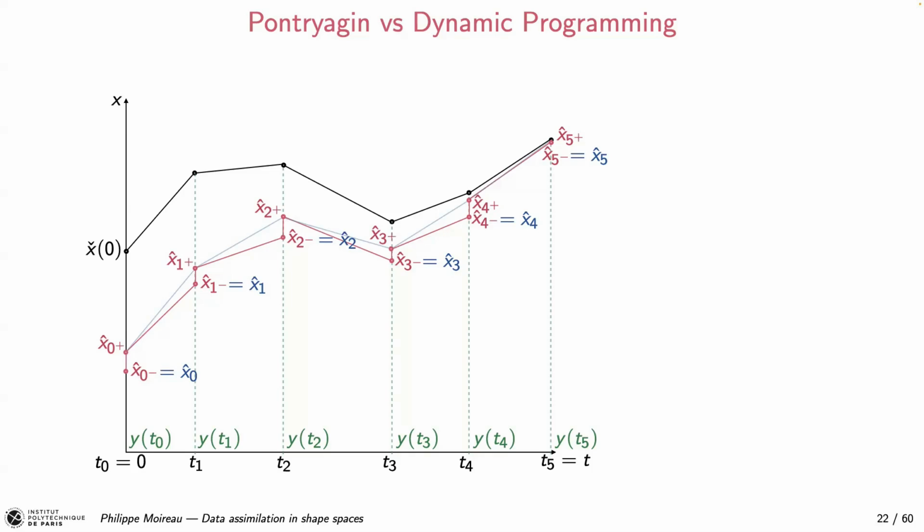If I want to do monitoring for the cardiac system, I don't care about what the state was 1 minute ago. What I need is the state today. And it's the same for weather forecasting: you use the data from the last 2 weeks, and you don't care about the weather 2 weeks ago. What you care about is the weather today.